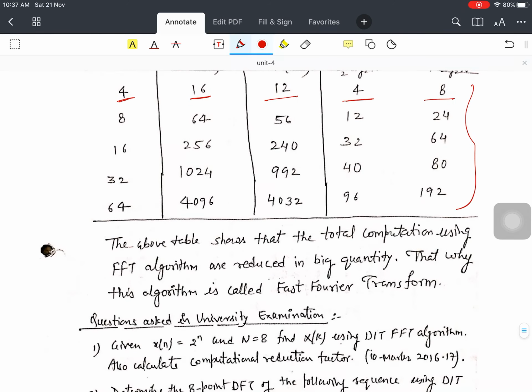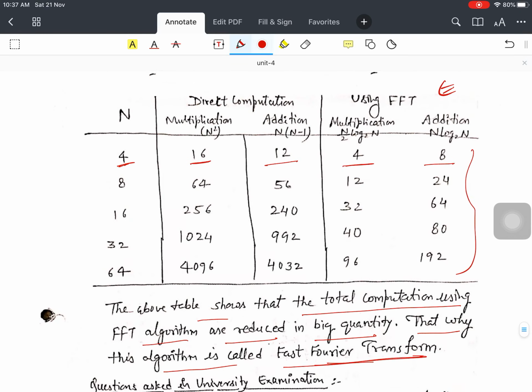Okay. So the above table shows that the total computation using the FFT algorithm is reduced by a big quantity. That is why the algorithm is called the fast Fourier transform, because it is faster than the generalized DFT algorithm. Okay. And that is the reason why we prefer the FFT algorithm.